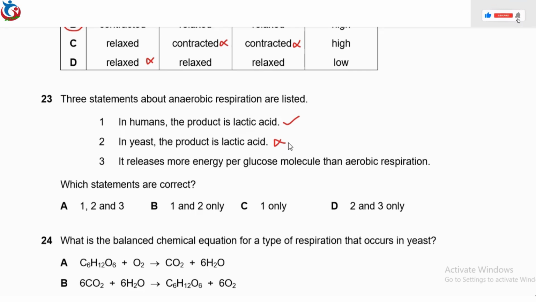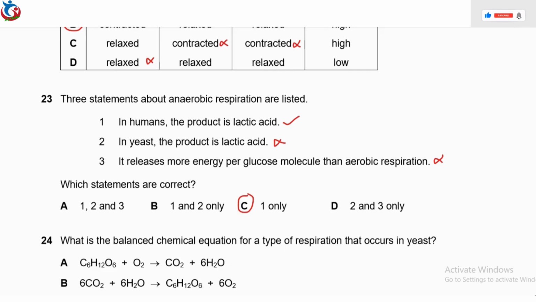Number 3, it releases more energy per glucose. No. Aerobic respiration releases more energy than anaerobic respiration. So that makes option C, which is one only, our correct answer.